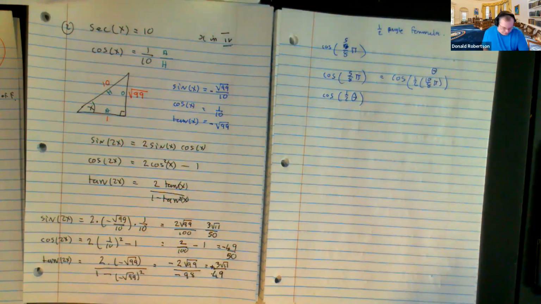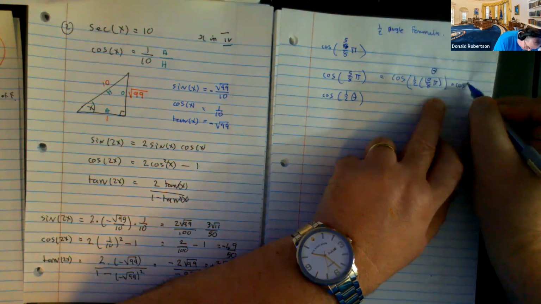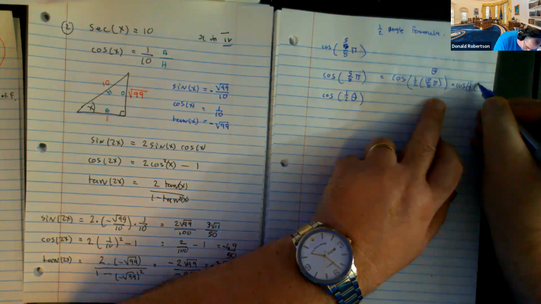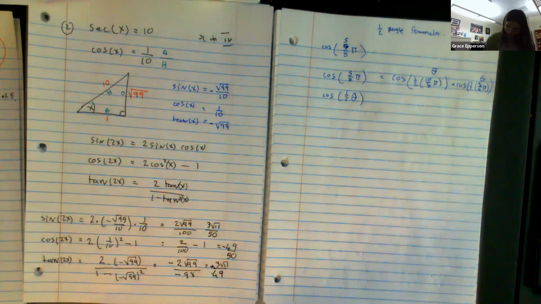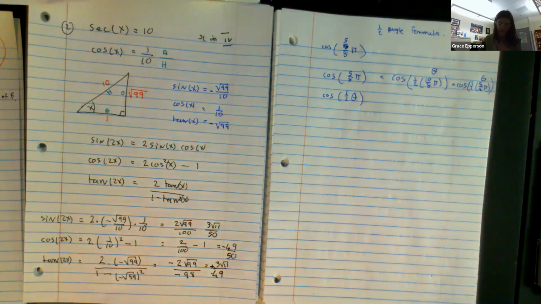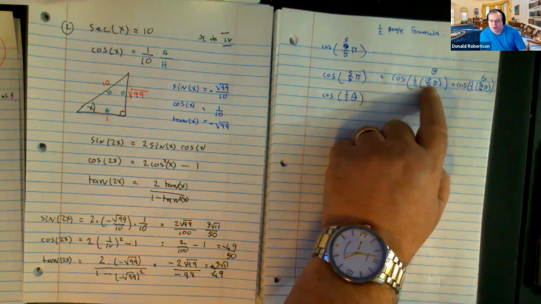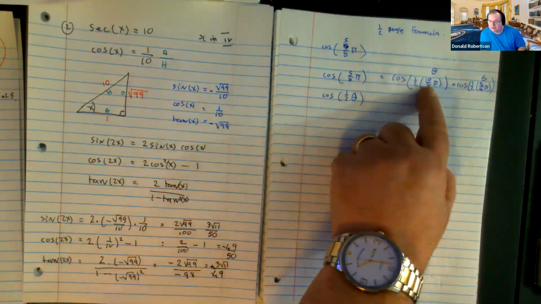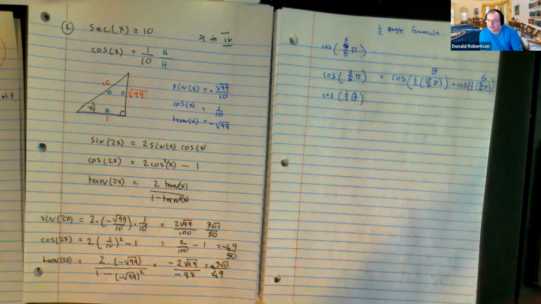It should be the 10/8, and I can tidy it up and call it 5/4 pi, because that's the same thing as 10/8. When you multiply it by a half, it gets us back to 5/8. If you want to figure out who theta is, double it, because doubling something that's been halved cancels out and you get what you started with.